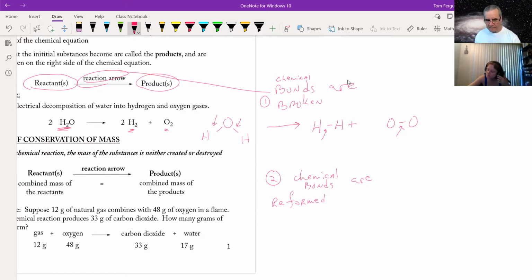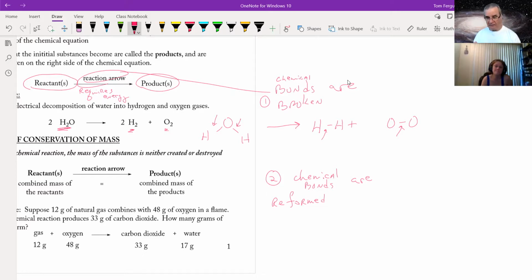Now, what's important, this requires energy, because we have to break those bonds in the reactants. So you just can't start something on its own. It's got to have energy.